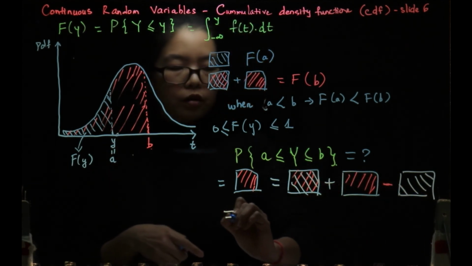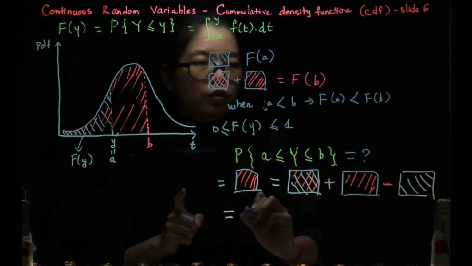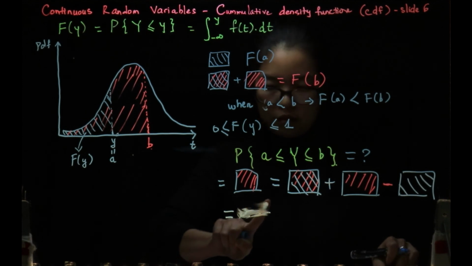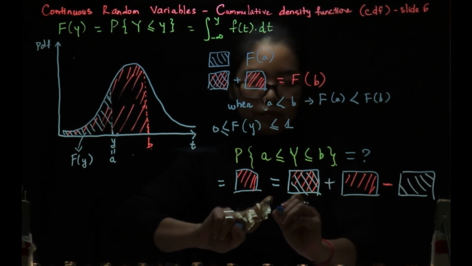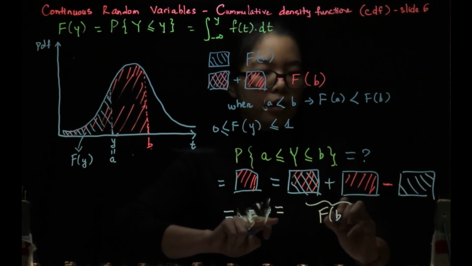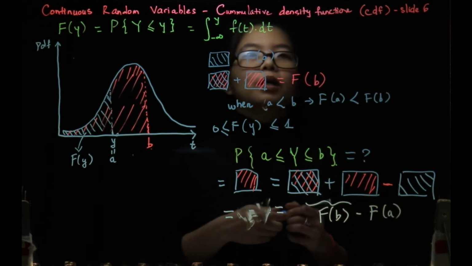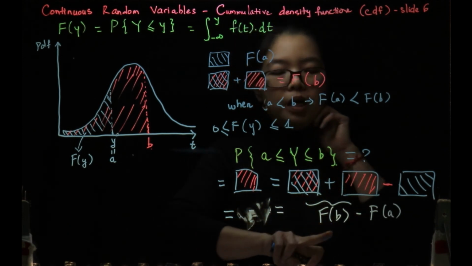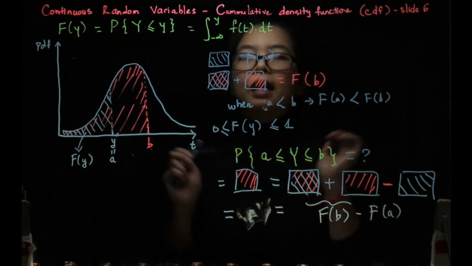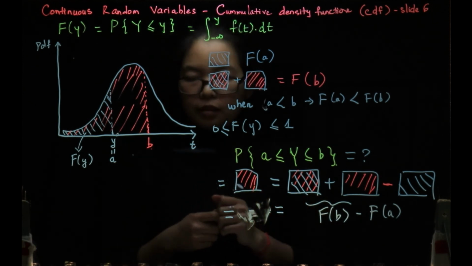So therefore it follows directly in notation terms that it equals F(B) minus F(A), right? So the value of the cumulative distribution function at B minus the value of the cumulative distribution function at A. So that's what is said in your slide 6.